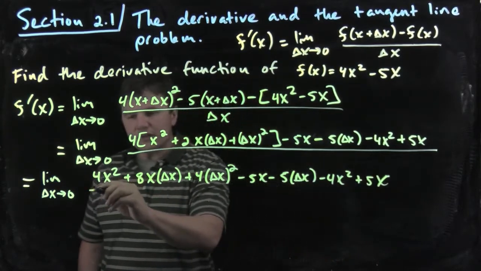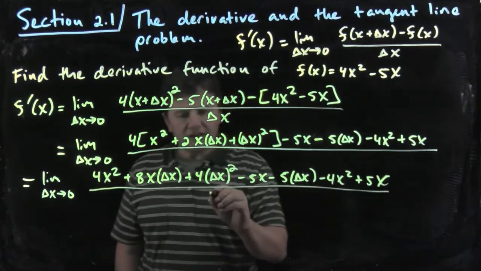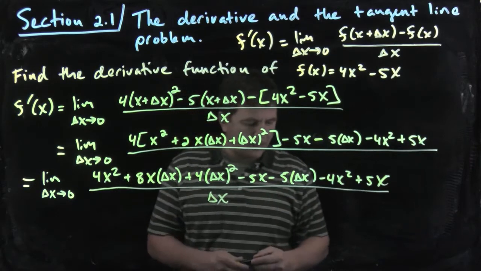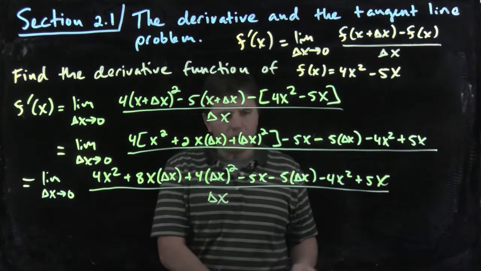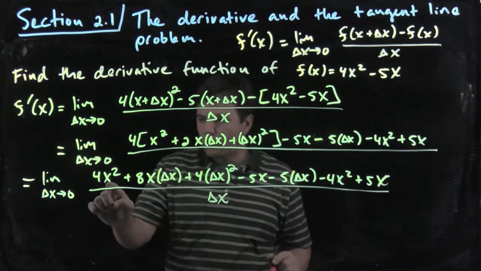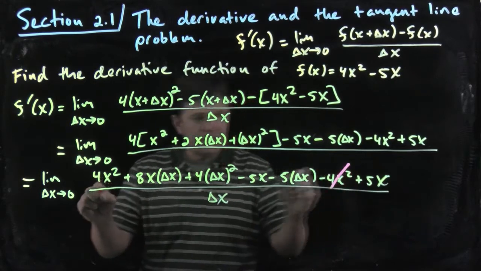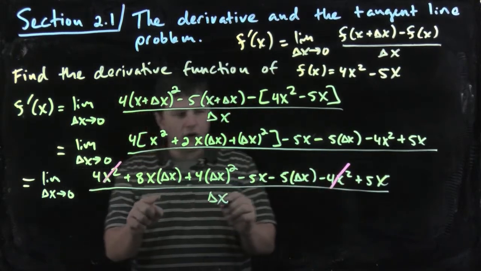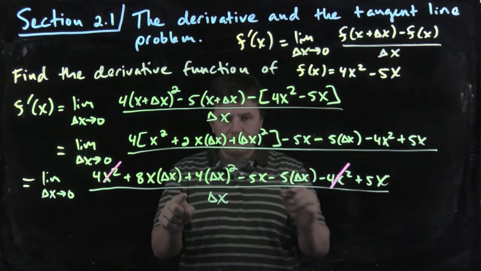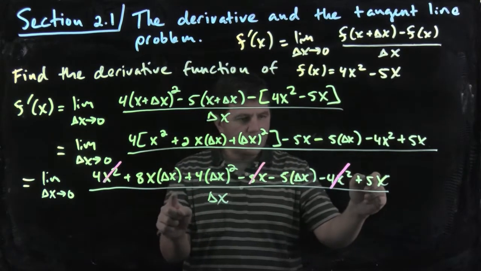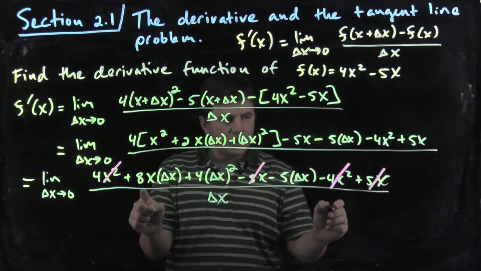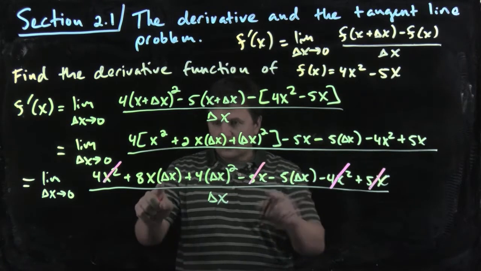Now, if we've done this correctly, every single term that doesn't have a delta x should cross out. So we have 4x squared minus 4x squared, so that's gone. We have negative 5x plus 5x. That looks like we've done our job.